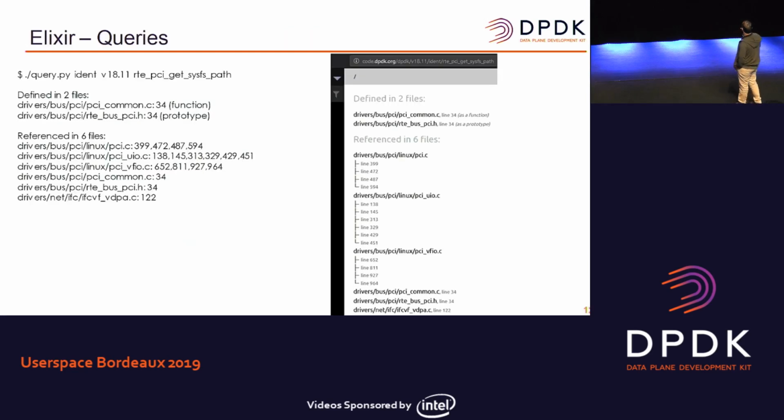Here's an example of a query. This is the command line one. And this is the same query on the web. Of course, with the web, these links are clickable, so you can follow them. With the command line, you just see static data with no links, of course.